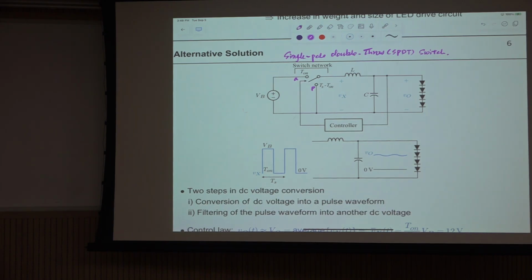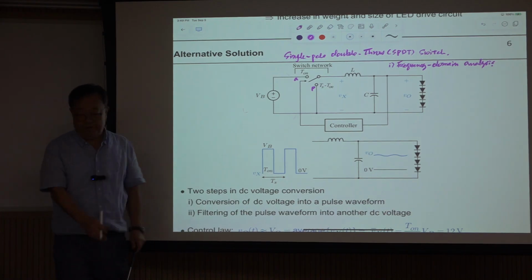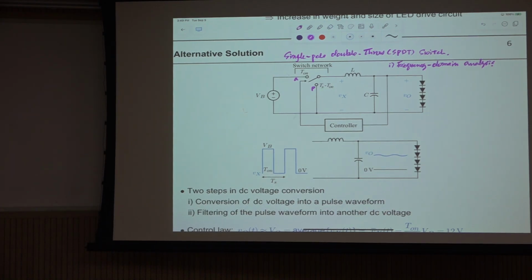We discuss this a little bit further. First, frequency domain analysis. This is a periodic waveform, so the Fourier series of this contains the DC component, a 0, and the fundamental component, second harmonic, third harmonic, and so on.